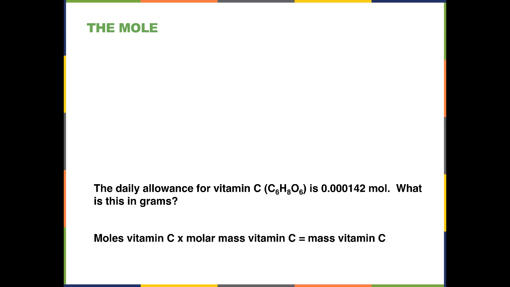So the moles of vitamin C times the molar mass will tell you the mass of vitamin C. So 0.000142 moles times, and inside the square brackets here is the calculation of the molar mass for vitamin C. So it's 12.01, I just rounded it to 12, times 6 plus 1.008 times 8, and I rounded it to just 1, and then 16 times 6.